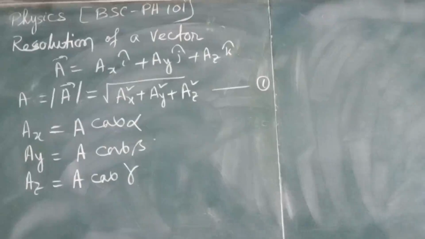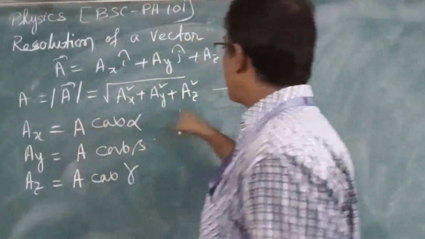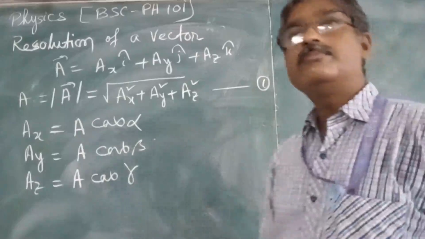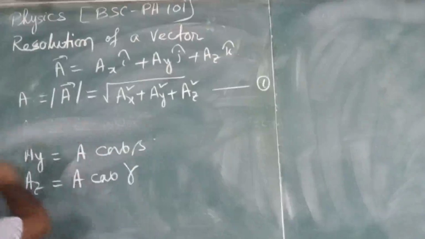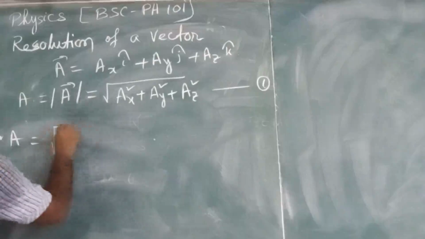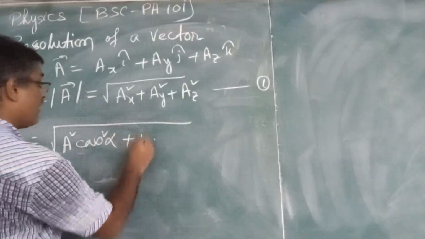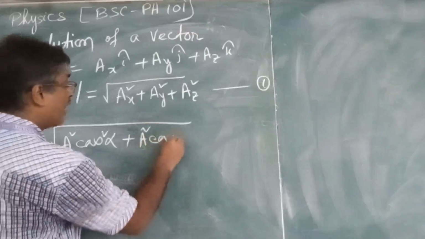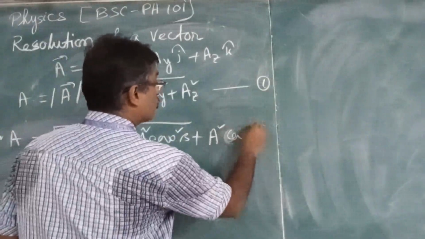Now, if we put the value of ax, ay, az in equation 1, then what happens? From equation 1 we get A equals root over A square cos square alpha plus A square cos square beta plus A square cos square gamma.